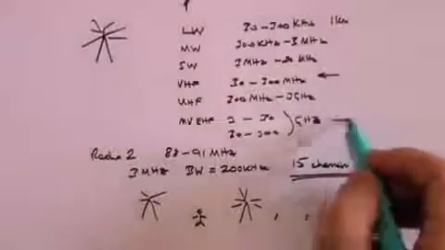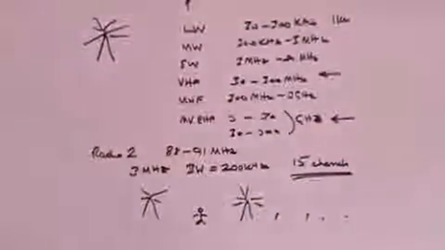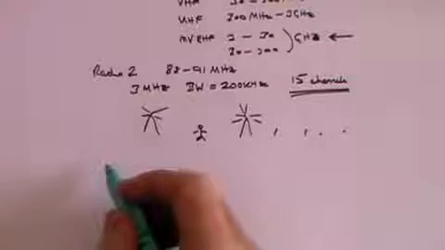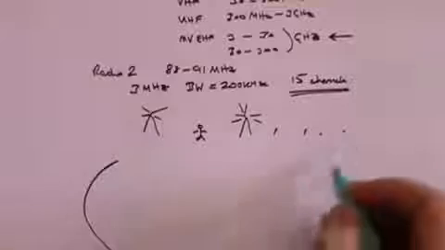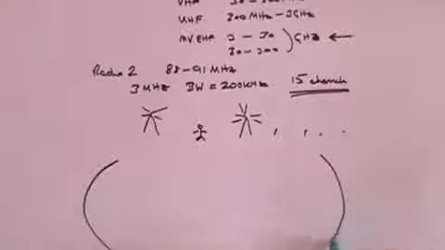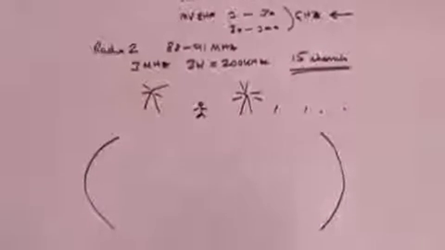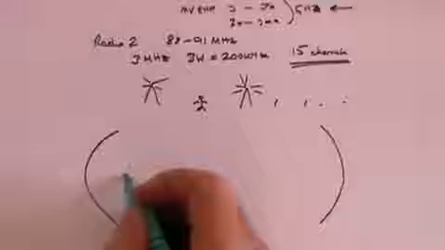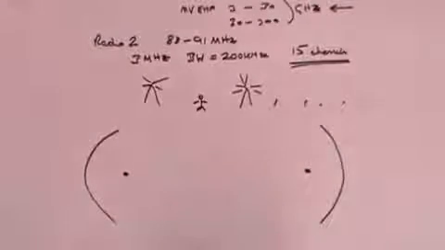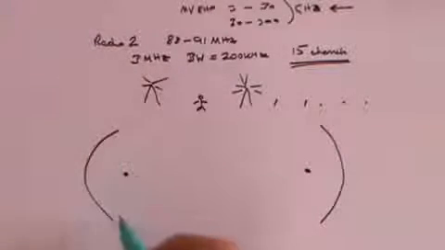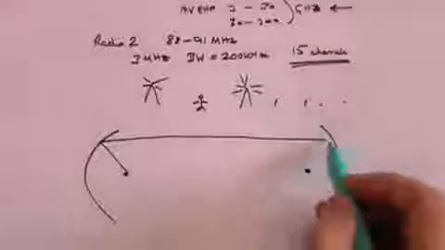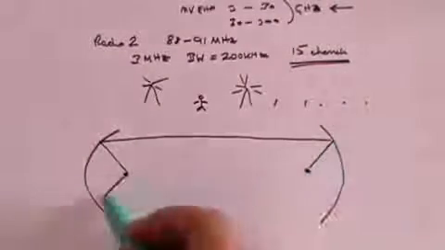Signals that are sent by microwave in the EHF region are usually used for point-to-point contact, and the way they are transmitted and caught is by using parabolic dishes. Now the dishes are not the transmitters and the receivers, they're just the means by which the information gets sent. There will be a transmitter and a receiver at the focal point of this parabola, and what happens is the signal gets sent out, and when it hits the other it goes in like that.